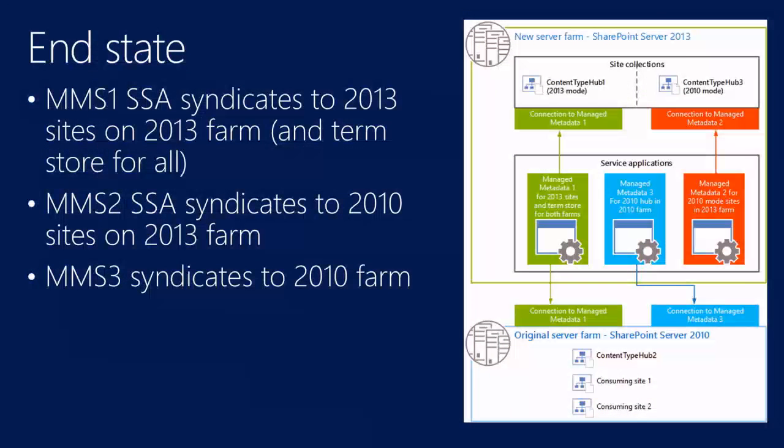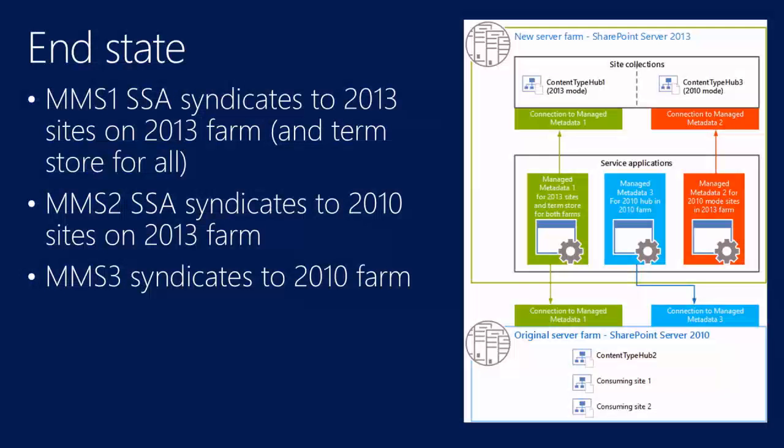The end state that this will all get you to is this. We will have three MMS applications living in 2013. This one, metadata 1, is the master. At some point down the road, it probably will be the only one. It's the term store for everything, and it's the master hub for all of my SharePoint 2013 sites in 2013 mode.